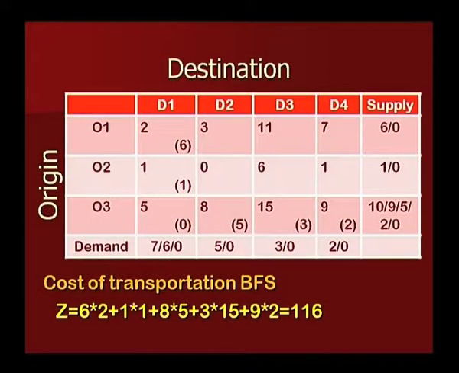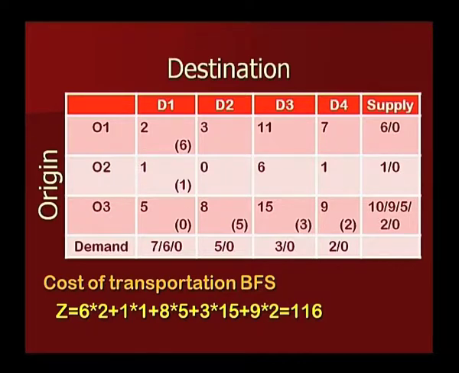In this example, we have 3 origins and 4 destinations. Here supplies are 6, 1 and 10 at origins O1, O2, O3, and demands at the different destinations are 7, 5, 3 and 2. Here we first allocate 1 in the second row of D1.